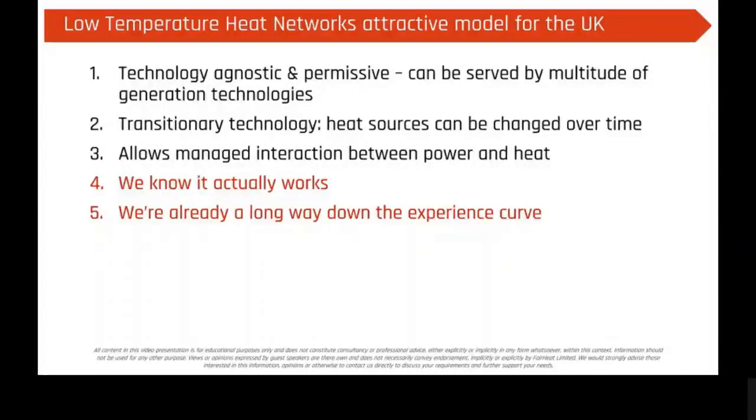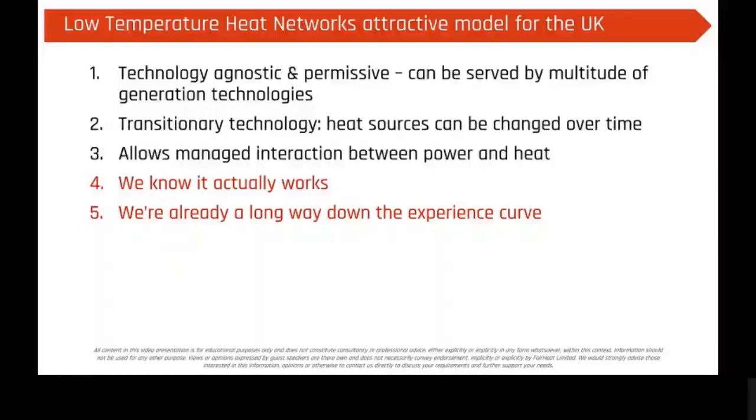And the reason for that is heat networks are technology agnostic and permissive. So we can use the heat network infrastructure, in terms of the pipework that's serving the dwellings, receiving hot water. That can receive hot water from any type of technology. It can be a gas CHP, as has been for a long time, or it can be a low to zero carbon technology such as air source or ground source heat pumps, or energy from waste.